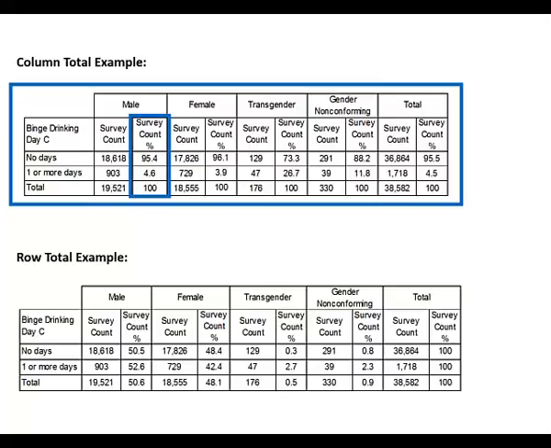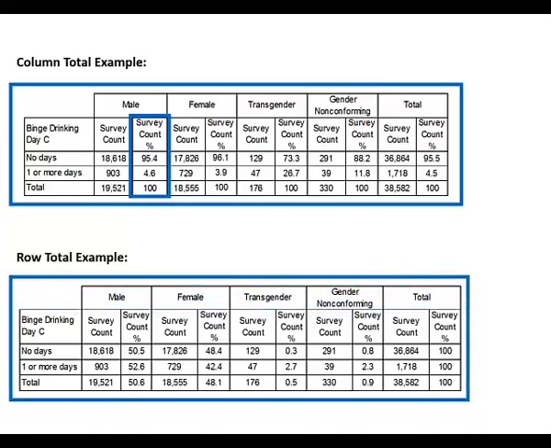Notice the percentages add up to 100% for all male responses, for all female responses, and likewise for the other gender options. In the second table, the option has been switched to show the row total, which provides percentages across a given answer. The blue box shows percentages of students for all the gender options who reported no days of binge drinking. Notice the percentages add up to 100% across each answer.